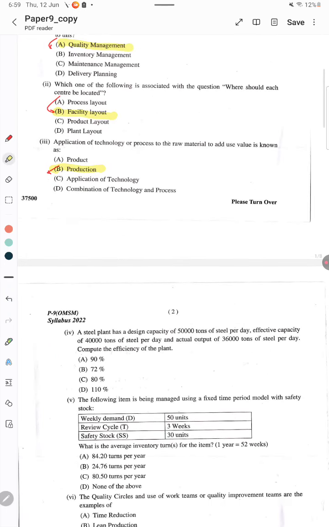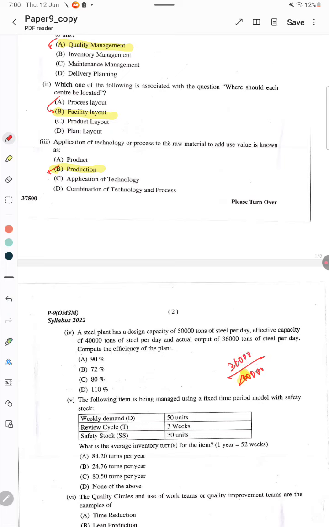And then question number 4. A steel plant has a design capacity of 50,000 tons of steel per day, effective capacity of 40,000 tons of steel per day, and actual output capacity of 36,000 tons of steel per day. Compute the efficiency rate. Here design capacity is 50,000, effective capacity is 40,000, actual capacity is 36,000.